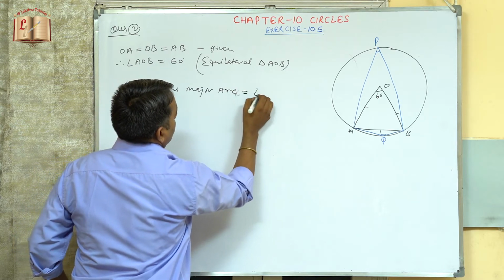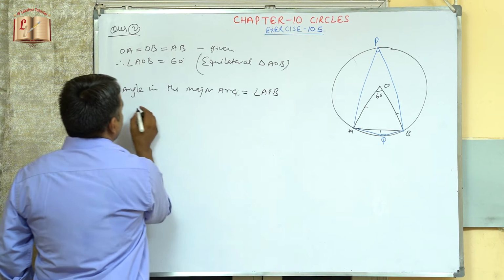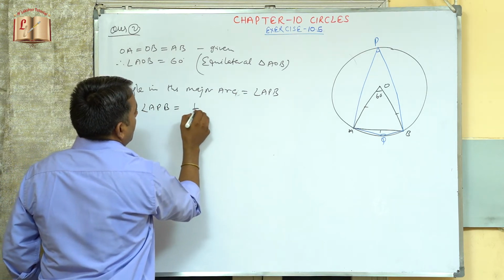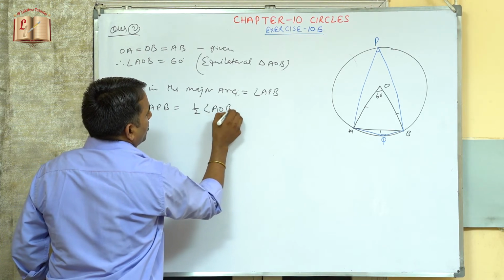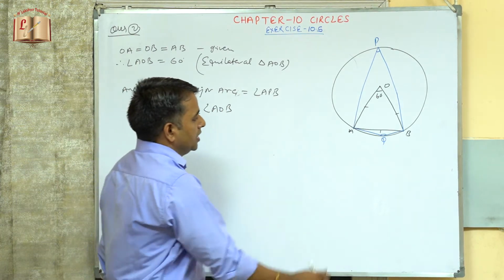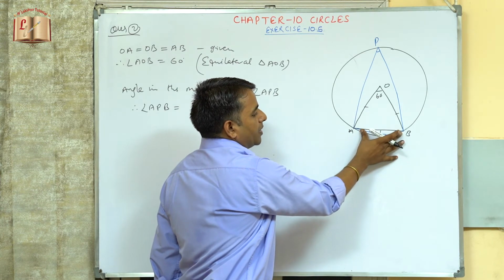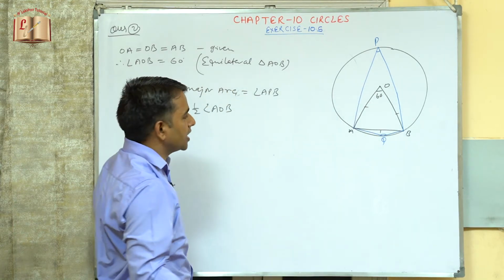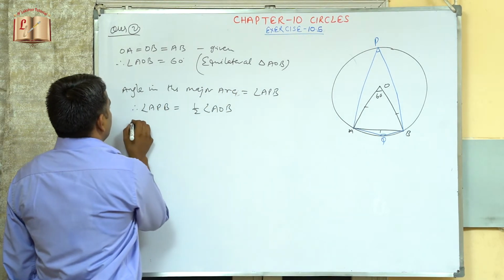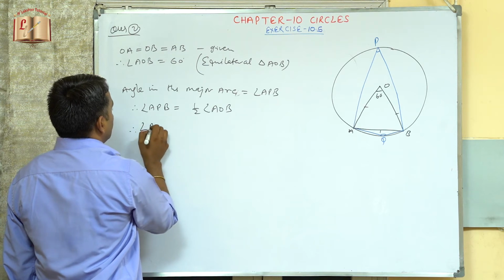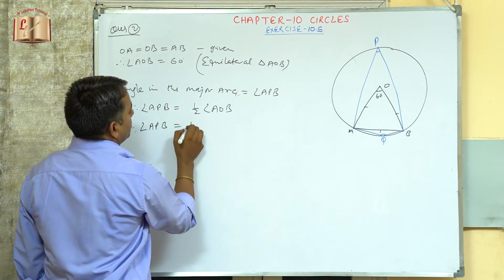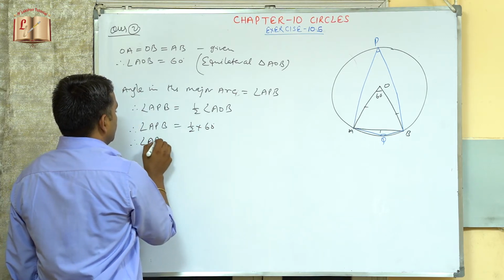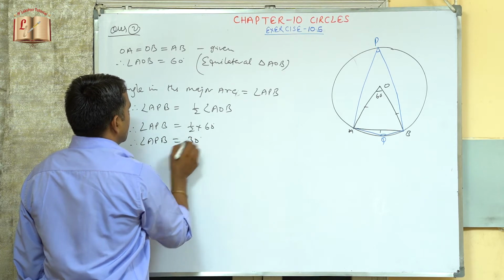Angle APB will be equal to half of angle AOB, because the chord makes an angle at the center, so this angle will be half of the center angle. Therefore angle APB is equal to half into 60. So angle APB is equal to 30 degrees.